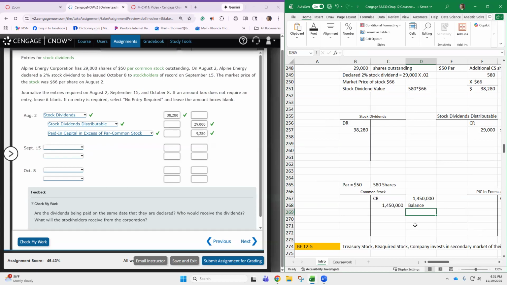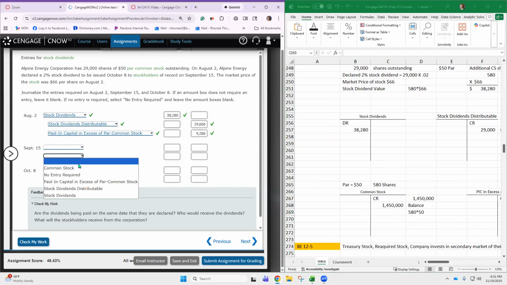So those additional shares are going to add 580 times that 50. So common stock, we're going to show that amount, which was the 38,280. So we're going to put that in common stock.